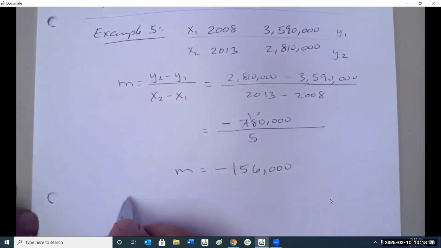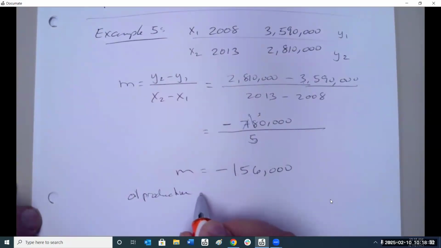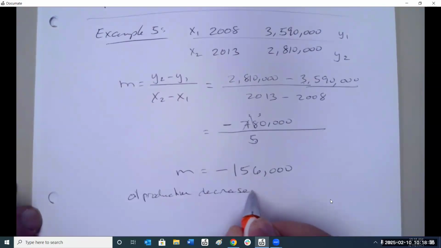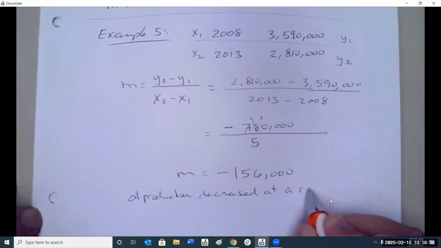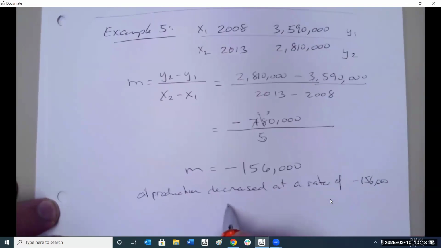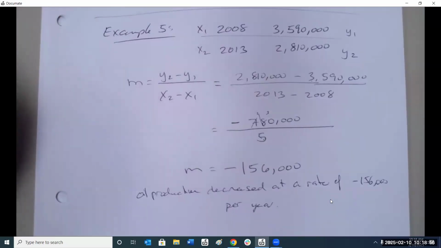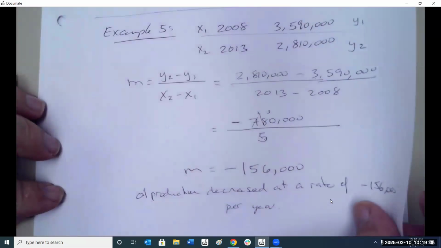So oil imports decreased at a rate of negative 156,000 per year. You always have to answer the question that it's asking you.